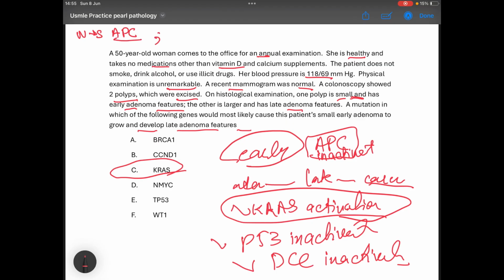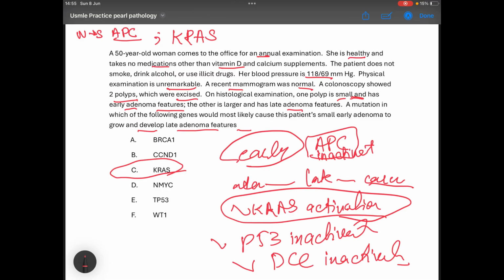Fine? And then, with the increase in size of the adenoma, the mutation of KRAS, an oncogene, facilitates this step and leads to a late adenoma by leading to uncontrolled cell proliferation. Because you guys know KRAS is an oncogene. They support the overexpression of cell division and growth.